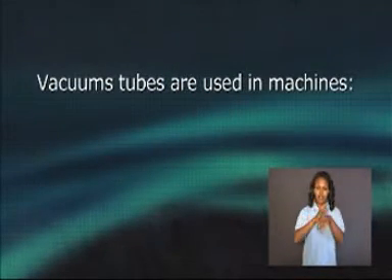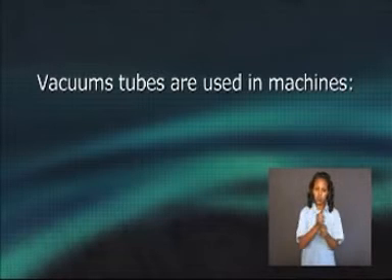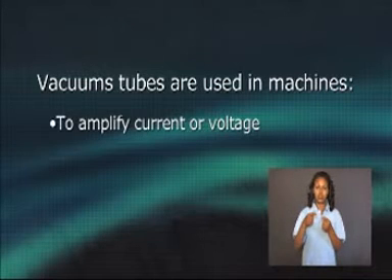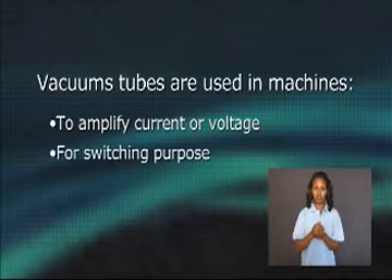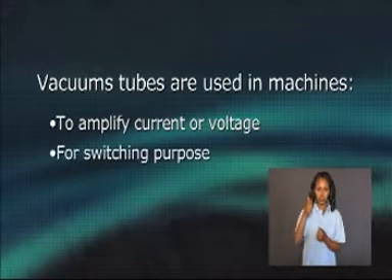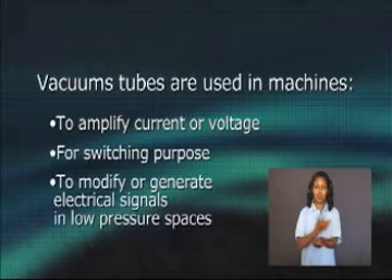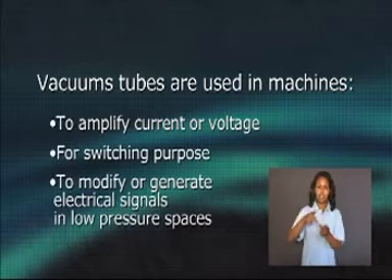Vacuum tubes are the devices that are used in machines to do a variety of tasks, such as to amplify current or voltage, for switching purposes, and to modify or generate electrical signals in low pressure spaces.